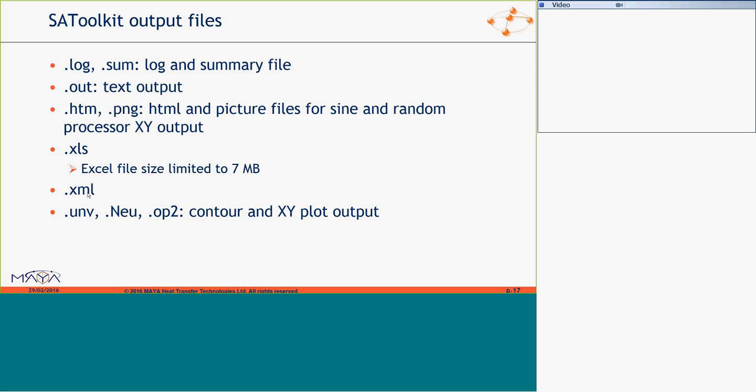The OP2 format is binary, along with universal files, and this is what NX is going to allow you to post-process, for both your contour results and your XY plots, your charts. So if you want results as a function of frequency, for example, your power spectral density of acceleration or your stress component as a function of frequency, then you can use one of those formats.